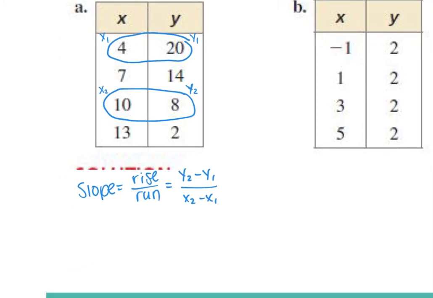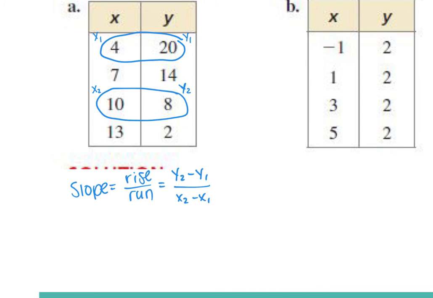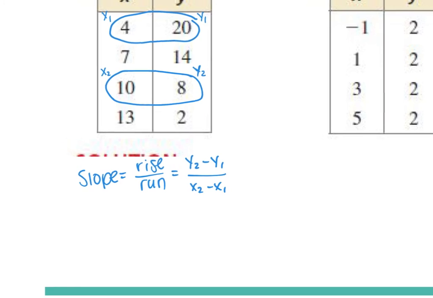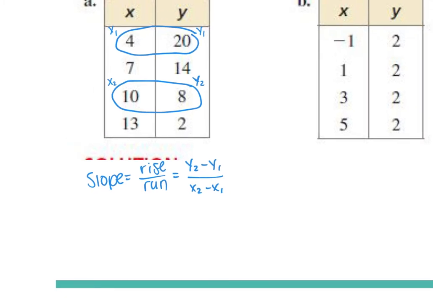All right, so we've assigned a value to each of these variables. Y2 is going to be 8. So we're going to write 8 minus y1, which is 20. Okay?